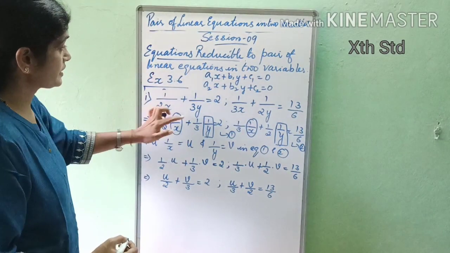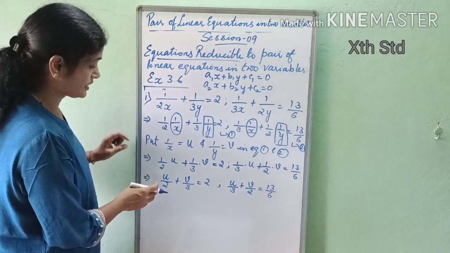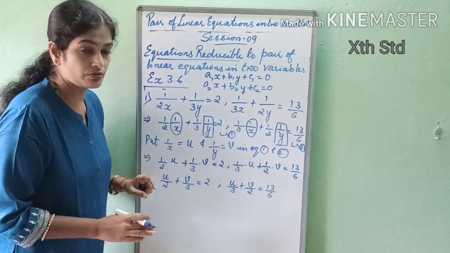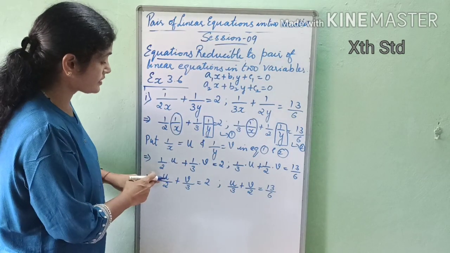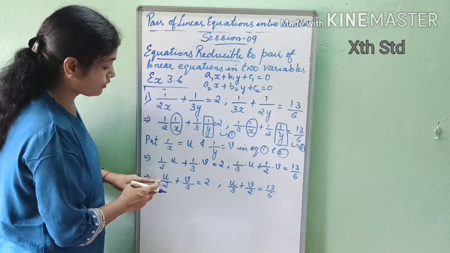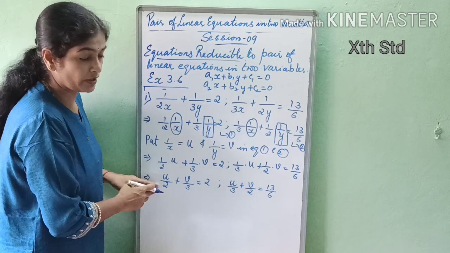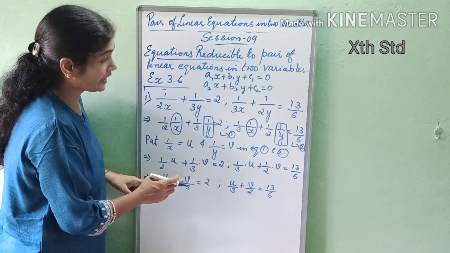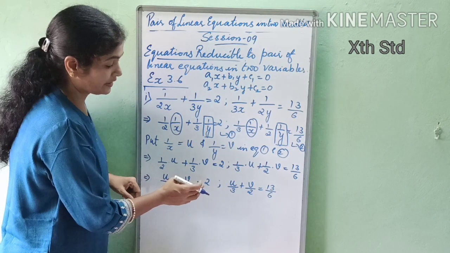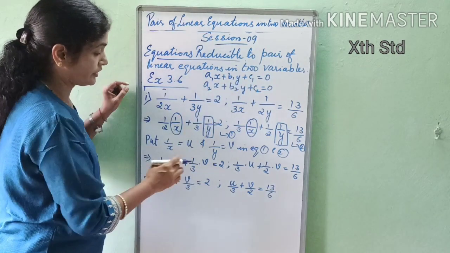Now it is already reduced into the standard form. In place of x we are taking u. So what will be the coefficient of x here? That is a1, which will be 1 by 2. In place of y it is v, and b1 will be 1 by 3. Here c1 is minus 2 in this case, right?